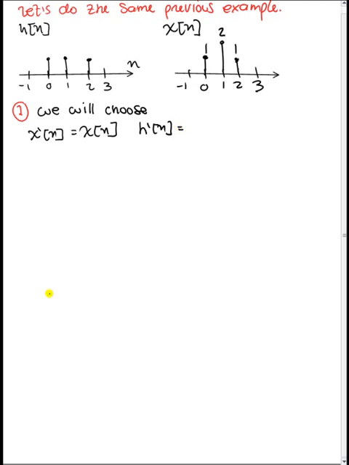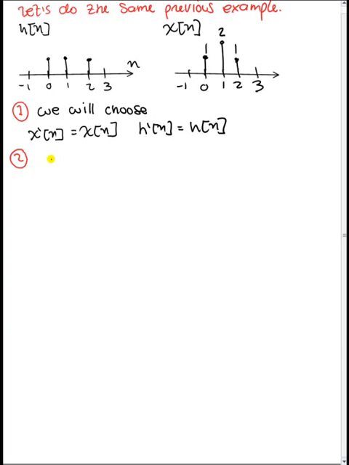It seems pretty easy to flip this signal right here, so we'll just keep it the way it is. No change there. For some signals, it is a lot easier to define the signal to flip to be the other one. In that case, you would do that.